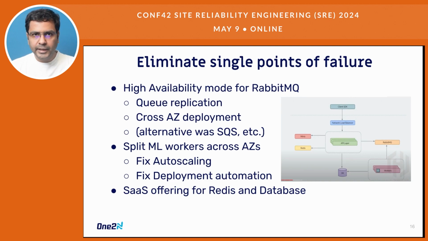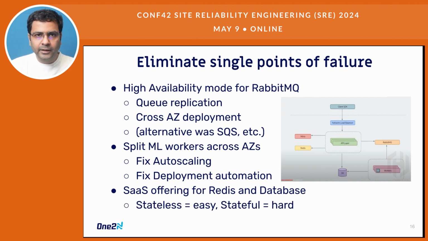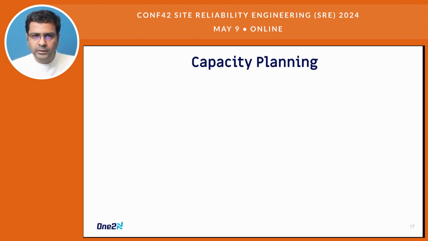And managing and scaling ML was one of the bigger challenges, so we wanted to offload some of the lower hanging fruits to the cloud providers. Fundamentally, the idea again is that scaling and managing stateful components is a bit hard and stateless is much easier. So wherever possible, it's easy to automate stateless application and component scaling, and stateful becomes difficult. So that's on eliminating single points of failure.